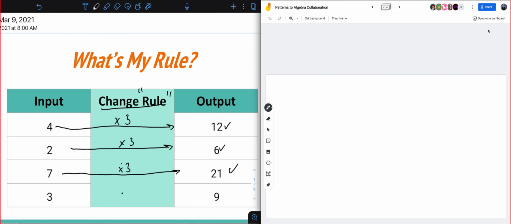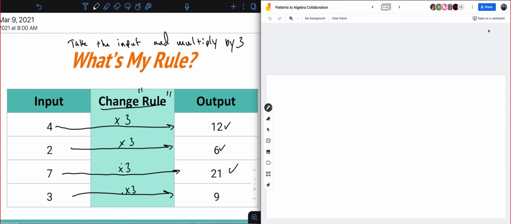And then you check the last one just for ease of mind. 3 times 3, that gives you 9. Okay, so your rule here is we're going to take the input and multiply by 3.